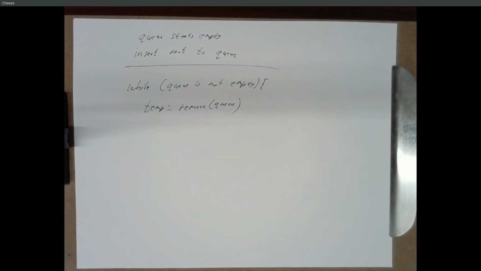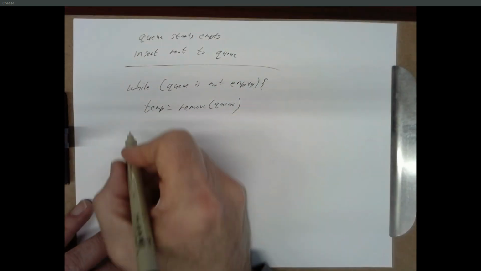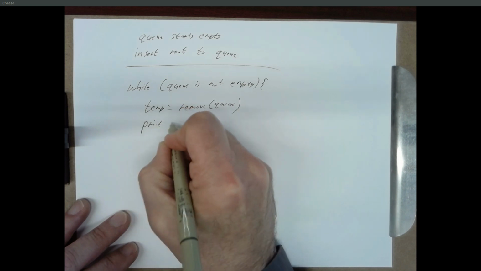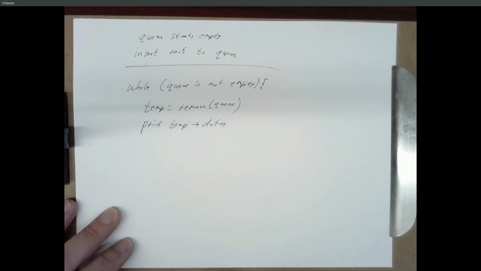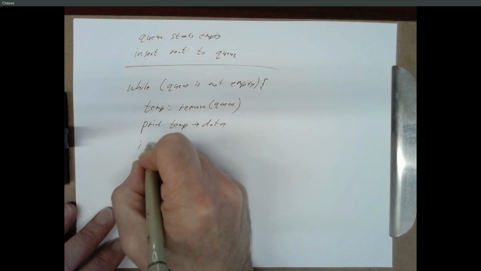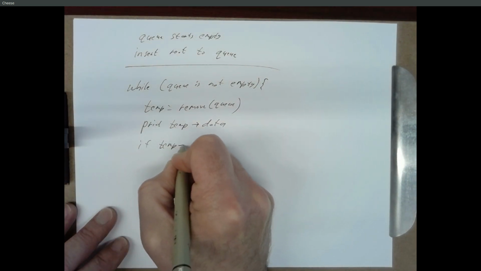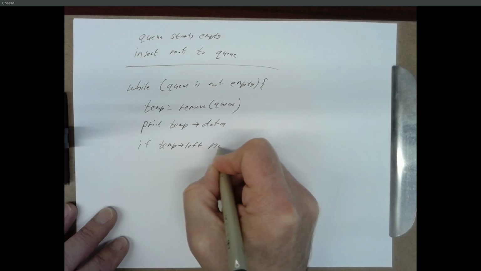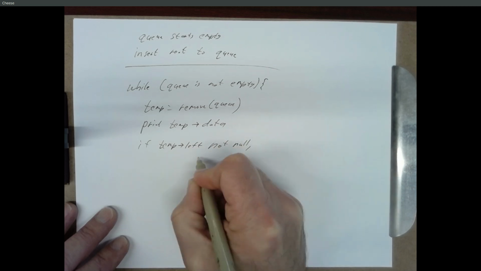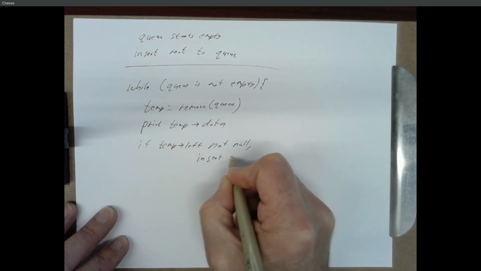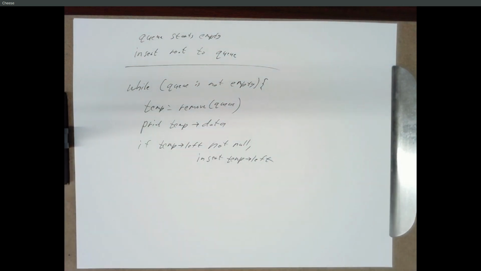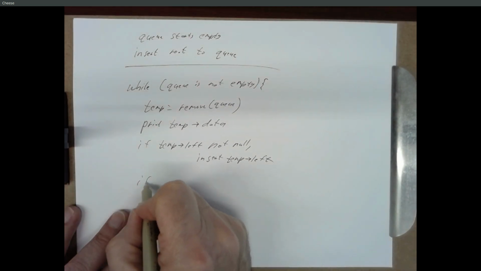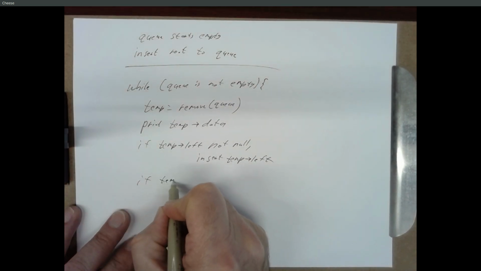I'm just going to call that temp. Print temp data. If temp left is not null, insert it into the queue. And if temp right is not null, insert that into the queue.